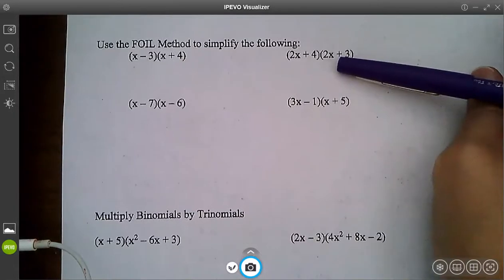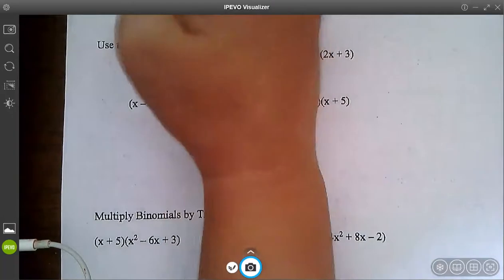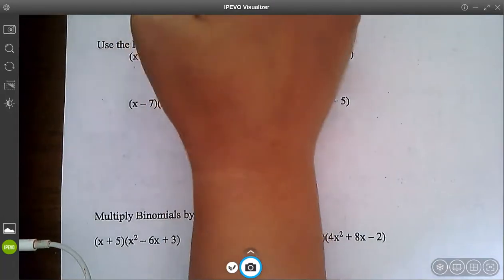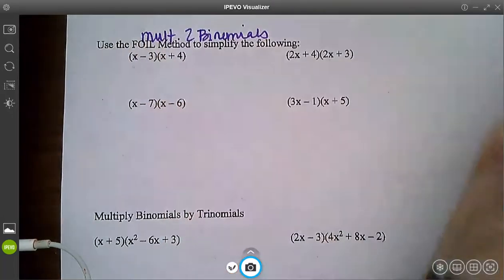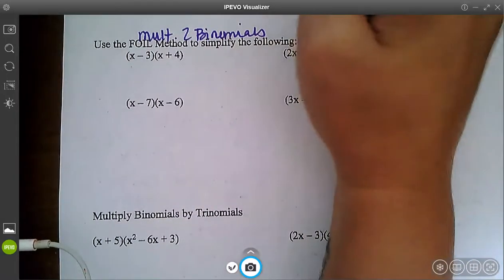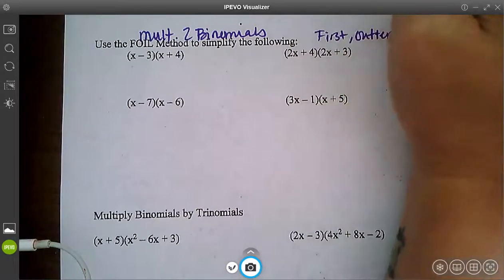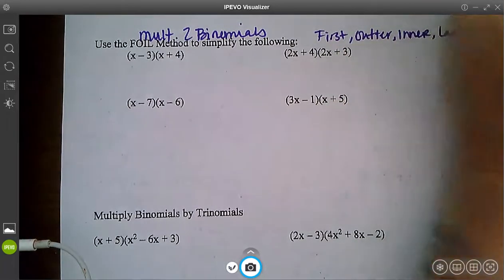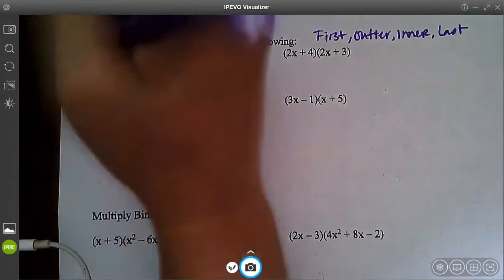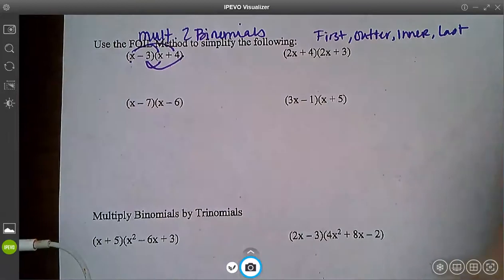Foiling it out, when you're multiplying two binomials, that is when you FOIL. That is your first, outer, inner, last. So I'm going to multiply my first together, and then my inner, and then my outer, and then my last.